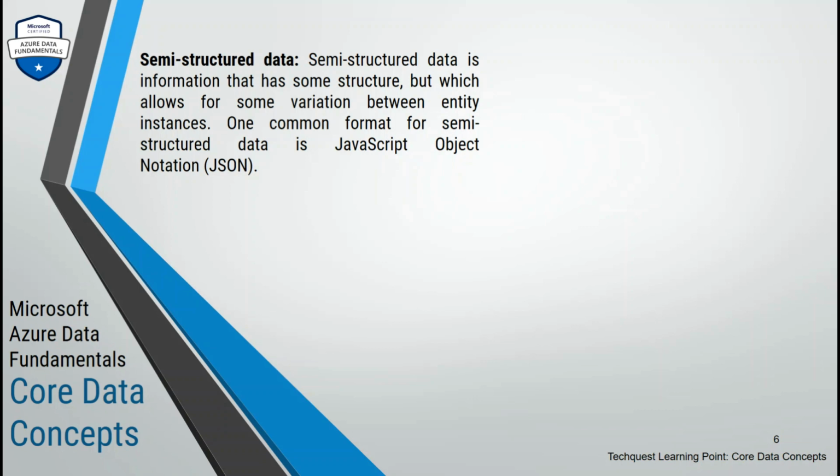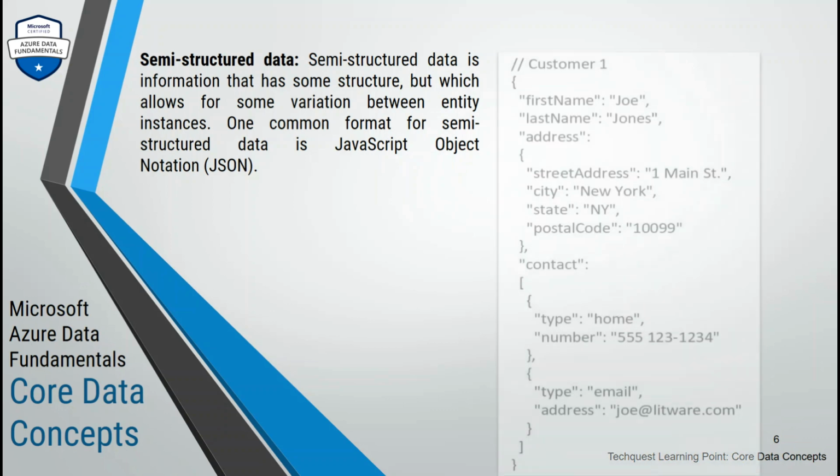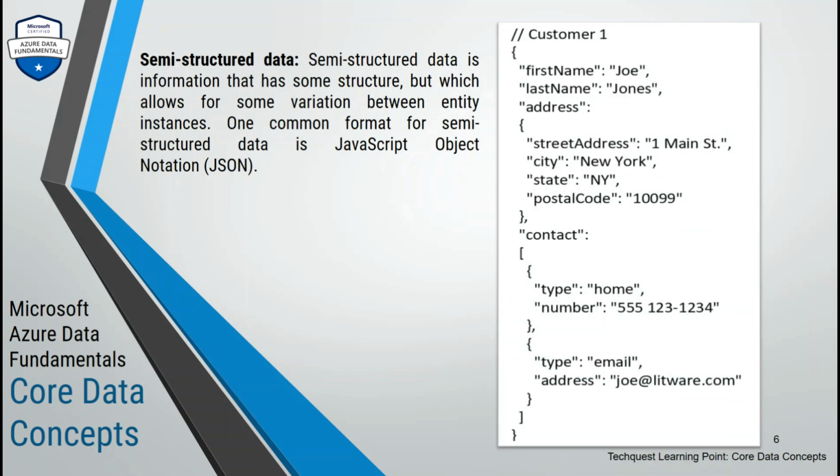One common format for semi-structured data is JavaScript Object Notation (JSON). The example below shows a pair of JSON documents that represent customer information.